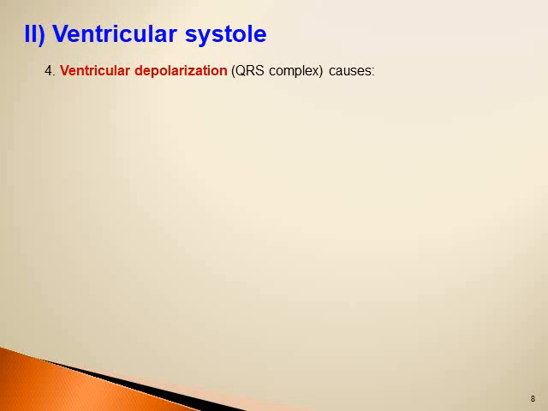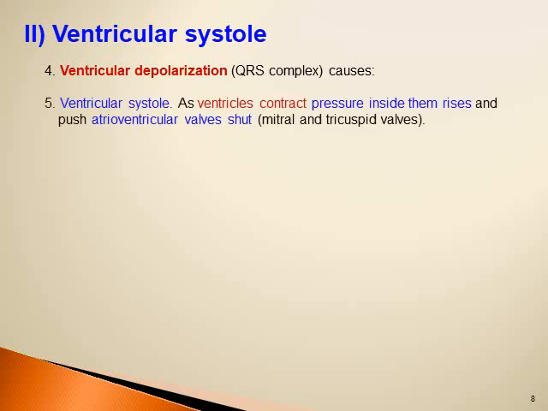The ventricular depolarization will cause ventricular systole. As ventricles contract, pressure inside the ventricles rises and pushes the atrioventricular valves shut. So it will close the atrioventricular valves, and these atrioventricular valves are the mitral and tricuspid valves.